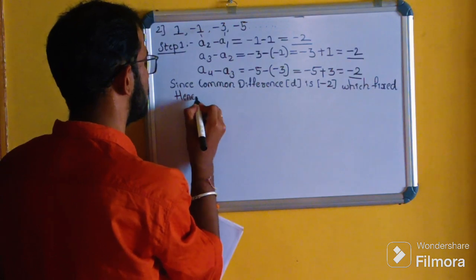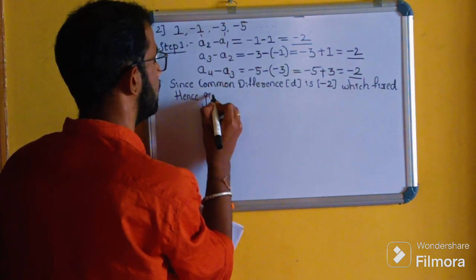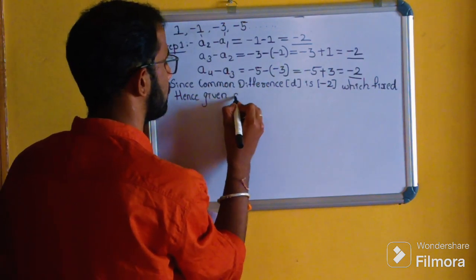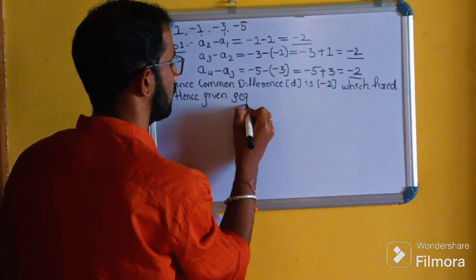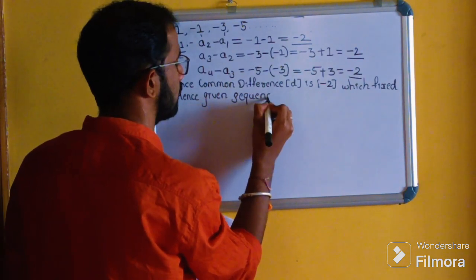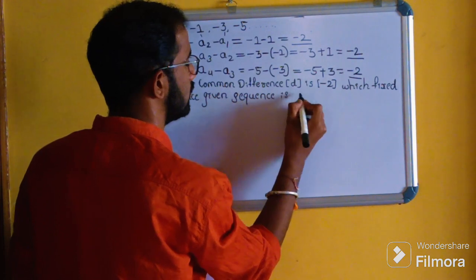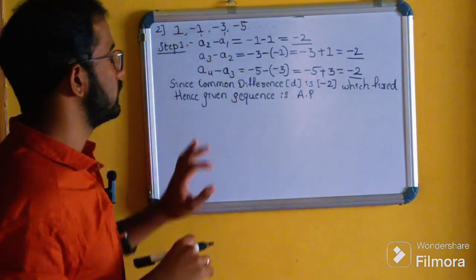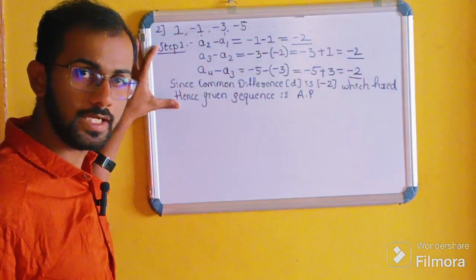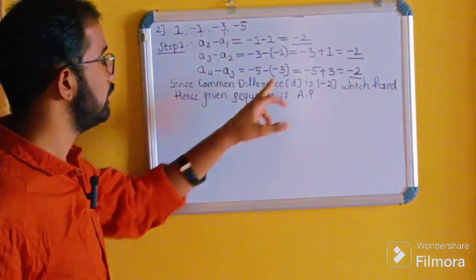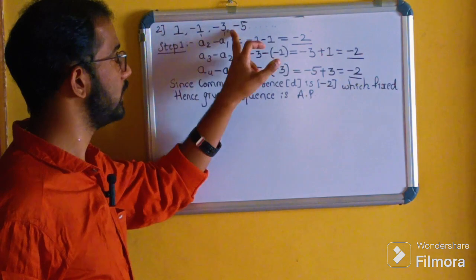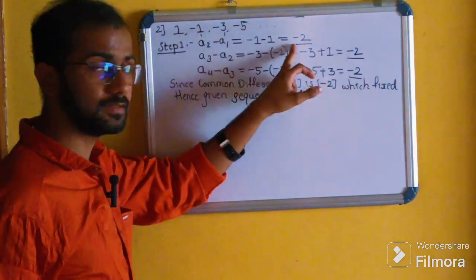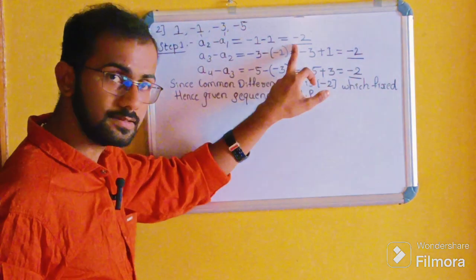So the first step is completed. Here we have checked whether the difference between two consecutive numbers is the same or not. If it is the same, then only the given sequence is an arithmetic progression. Here the common difference d is -2, -2, -2. It is fixed. Hence the given list of numbers is said to be an arithmetic progression.